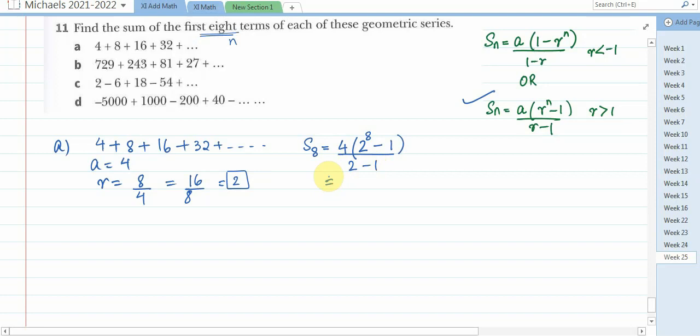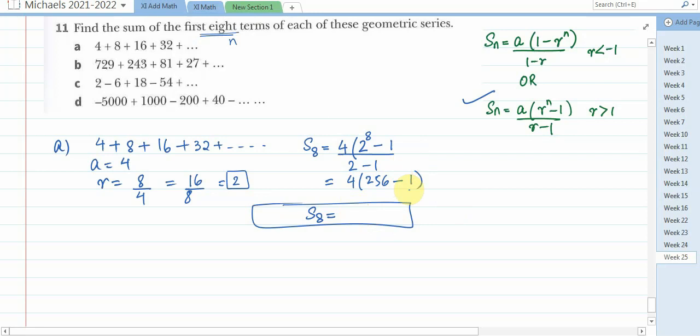So that will be 4 times 256, it's 1024. The sum of the first 8 terms is 1024. No, wait, because I forgot to subtract 1 from it, right? So that will be 256 minus 1.